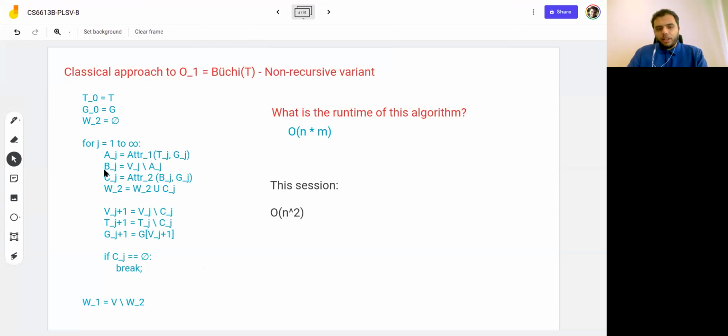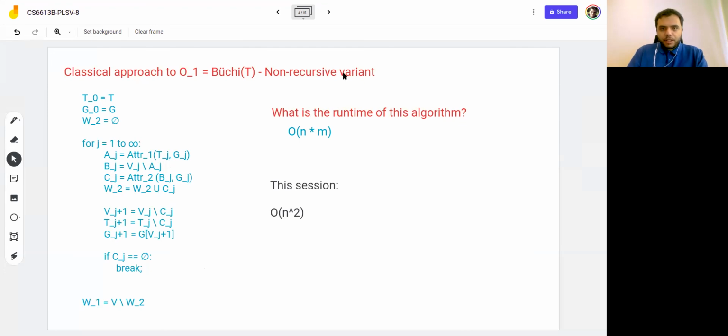So in the trap B_j, I'm sure that player two wins because he can always keep us there. And then C_j is the attractor two of B_j. So it's basically all the states in the game from which player two can force us to move into his trap. And again, we know that even in these states, player two would win.